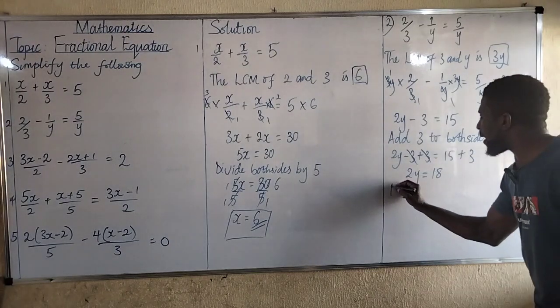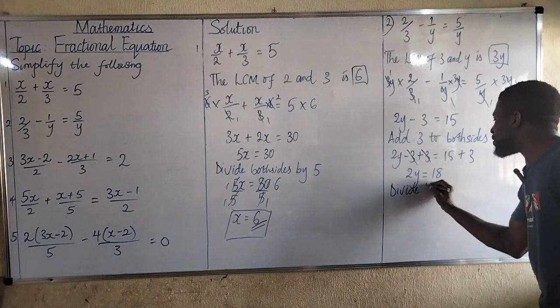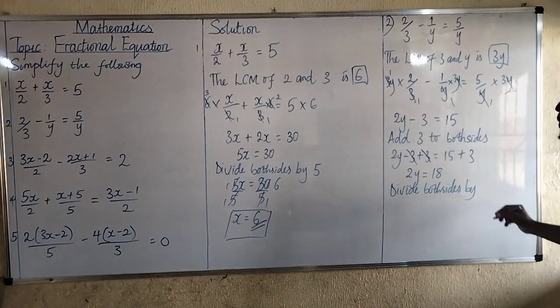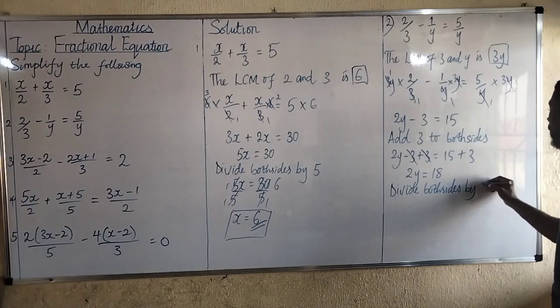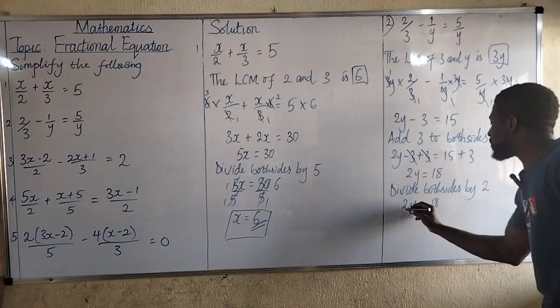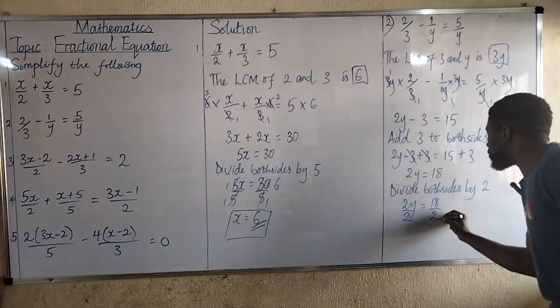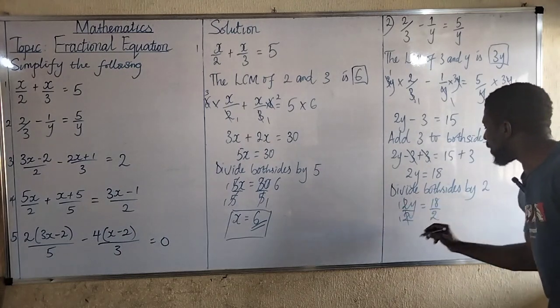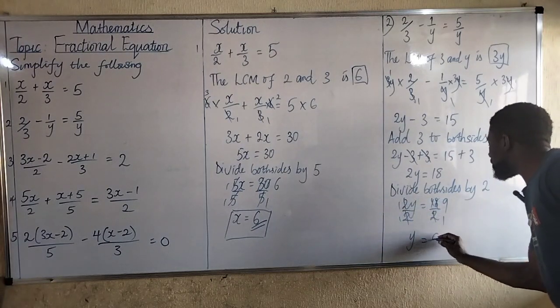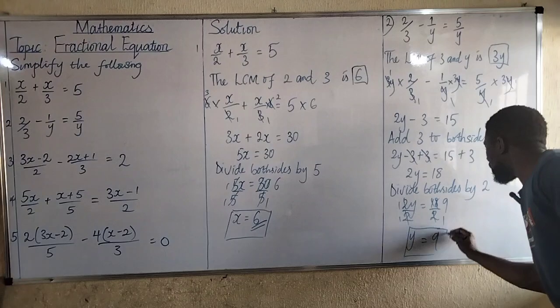Then divide both sides by the coefficient of y, which is 2. So 2y over 2 equal to 18 over 2. 2 in 2 is 1, and 2 in 18 gives us 9. So the value of our y is 9. This becomes our answer.